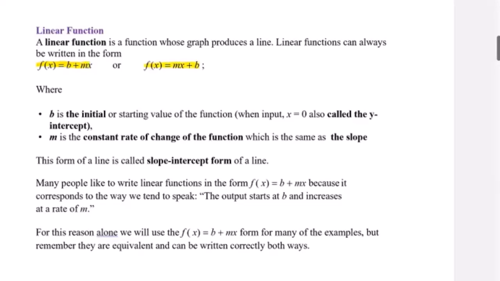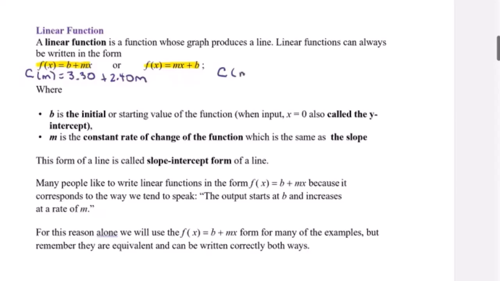So we did actually start out saying that C of M is equal to $3.30 plus $2.40 times M. So we started off in the first form, and then we put it into the form that we're much more familiar with.